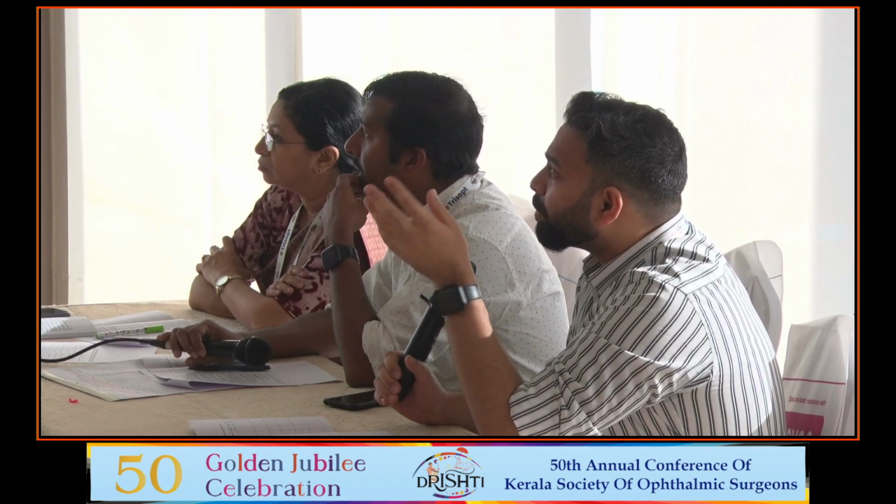It would be better if you put a tabular column comparing your study with other studies, what they have done. That will give a clearer picture of what is happening. Can you go back to that slide, the discussion slide? Yeah.